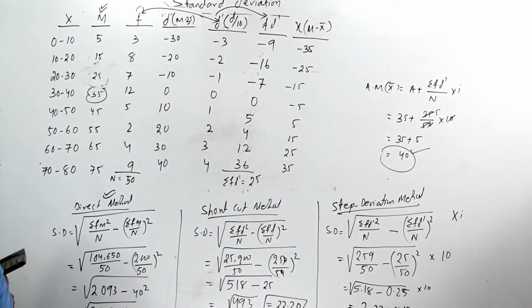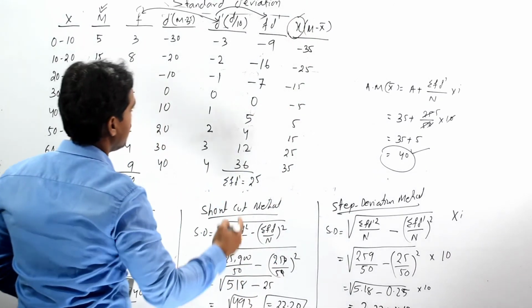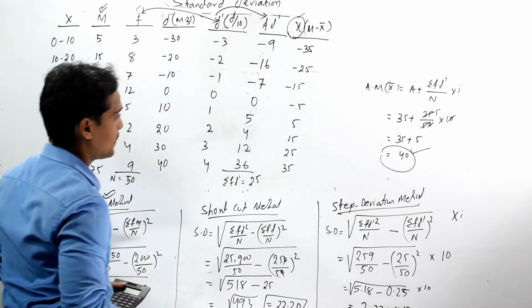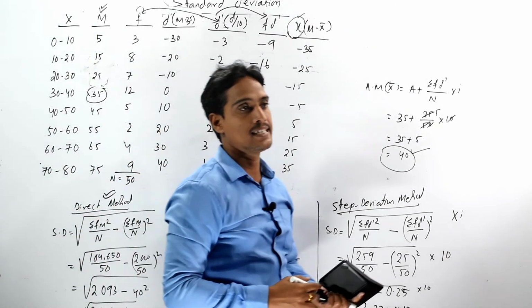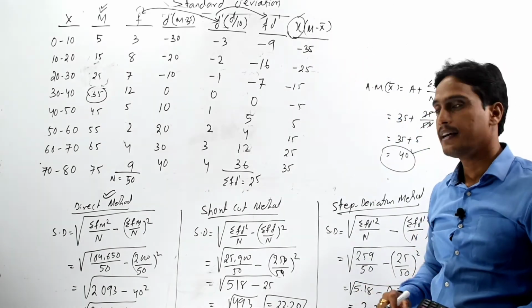As it is a continuous series, we are computing our small x by differencing midpoint and x bar, whereas in case of a discrete series it should be computed by x minus x bar.